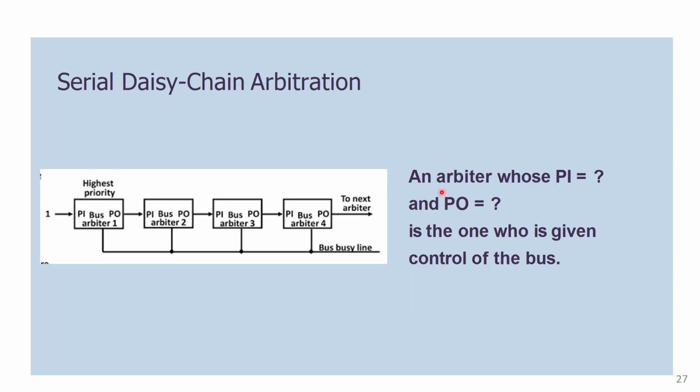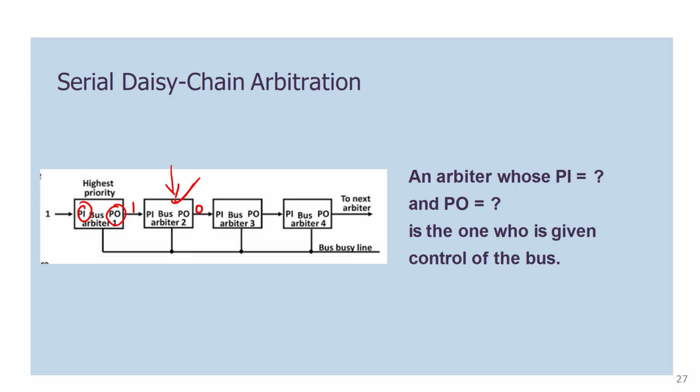Let's say, what will be the value of PI and PO if the control of the bus is given to that arbiter? Let's say this one needs the control. PI here will be 1, and the value is passed along as 1, but since this one needs it, it will not pass the value forward to arbiter 3.